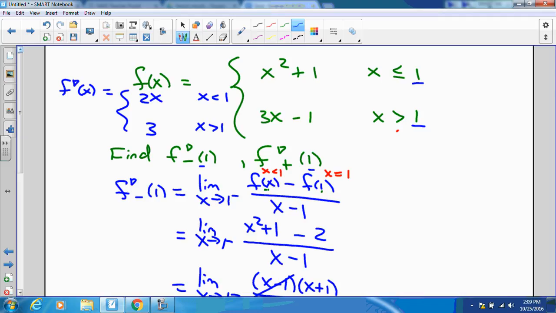And we'll actually do this more carefully with some examples tomorrow. f prime of x is this. Well, it does for x not equal to 1. It does for x less than 1, and it does for x greater than 1, but not for x equals 1.